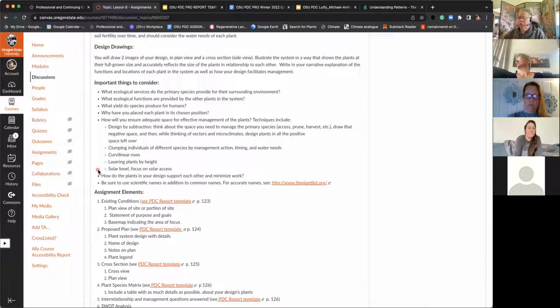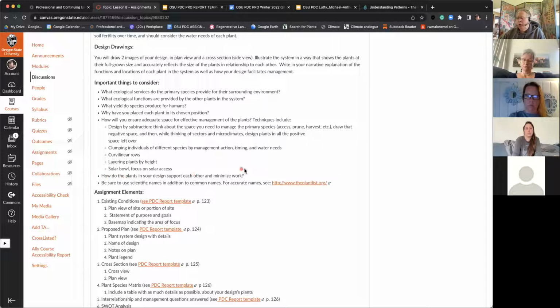And then a solar bowl, maybe you're trying to capture a microclimate. Everybody has microclimates. We have one here where we know in the fall we get this lovely hot late day light. So for things like olives that have a very late ripening period, or some of the kiwis, that would be an ideal spot for them.